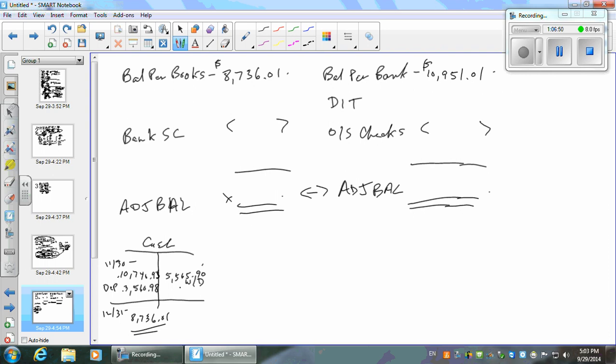Sometimes we'll receive a deposit, a check from a customer, and it'll bounce. We call it non-sufficient funds, right? They didn't have money in their account, but when they gave us a check, they didn't have enough money to cover it, right? So they gave us a bad check. We deposit it, the bank adds it to our balance. They think it was a good check. Then it runs through the banking system, and guess what happens? It's not good. They took the money back out of your account, plus a bunch of fees, by the way. And then you have to go try to collect it from your customer.